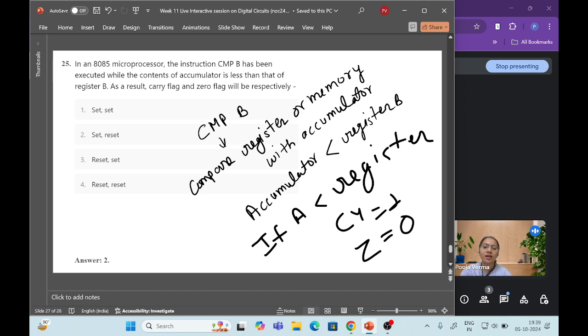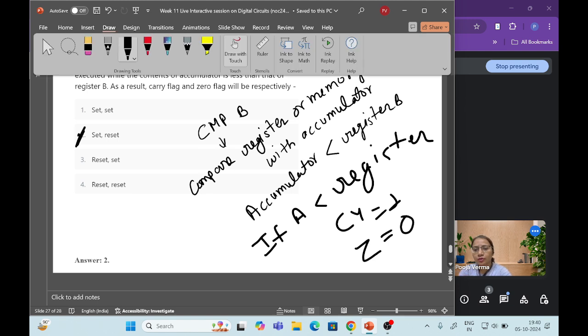Because the content of the accumulator is less than the register B, the carry will be generated, and the zero flag will be reset because the contents are not zero. So option 2 is the correct answer for this question.